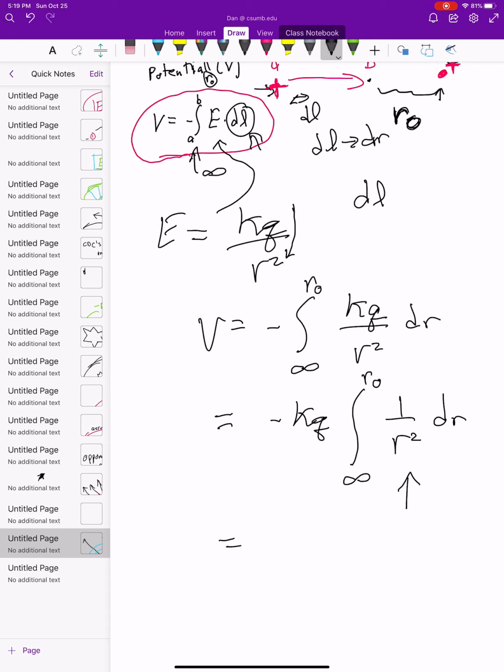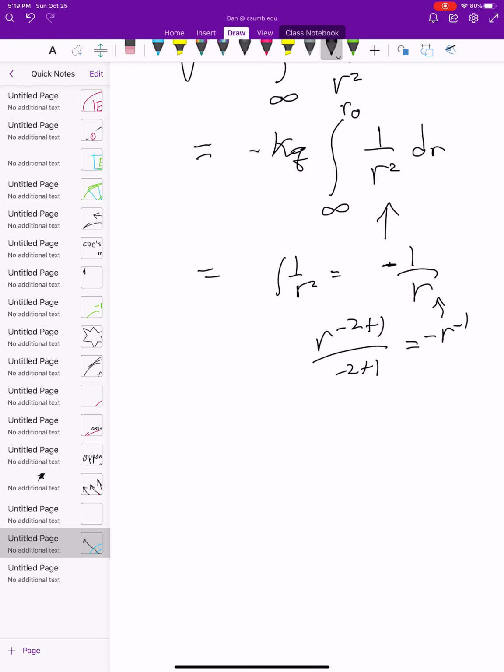You may not remember how to integrate it, but the integral of 1 over r squared is minus 1 over r. Because this is r to the minus 2, so it becomes r to the minus 2 plus 1 divided by minus 2 plus 1, which is minus r to the minus 1, which is that.